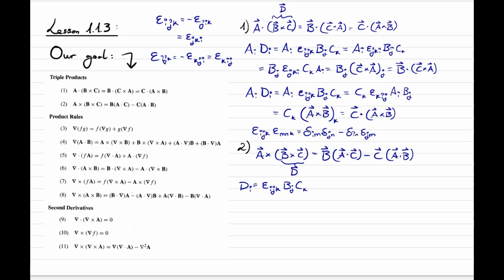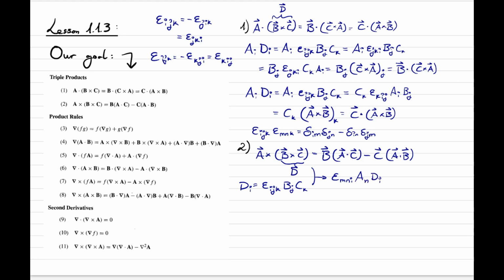If we want to do the cross product of A and D, this time we'll have epsilon mni, now we have an and di.